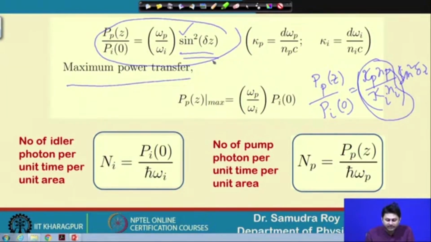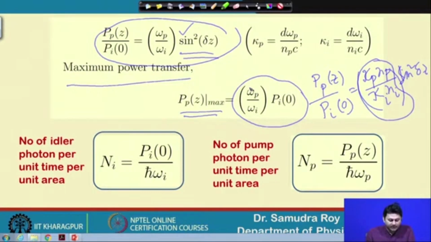So, when sine square delta z is 1, we can say this value is maxima. So, the maximum power at pump, in terms of the idler power at z equal to 0, is this multiplied by omega p and omega I, the frequency of pump and idler.